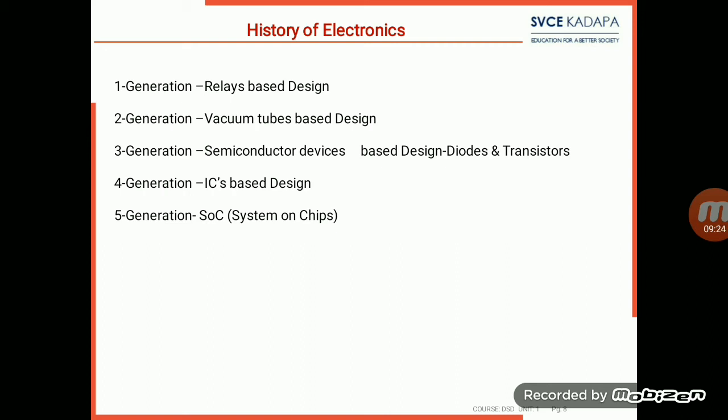So in the third generation, the electronic device size is less compared to the vacuum tube based designs. Next, coming to the fourth generation, that is the IC design. Electronic engineers always research how to reduce the size and how to reduce the power. So in order to do that, IC technology came into the picture in the 1950s.